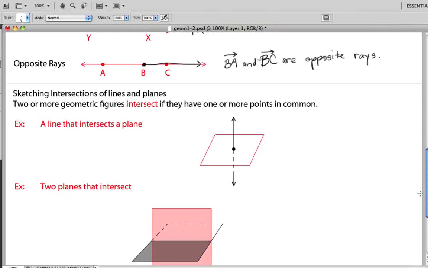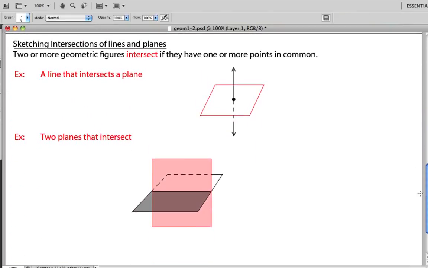Finally, we have sketching intersections of lines and planes. We would define an intersection as two figures that have one or more points in common. This first example, we have a line that intersects a plane. So think of this as a sheet of paper, and you would stick a pencil right through a hole and it would come out the bottom. The intersection is right here. This is that one point that they have in common.